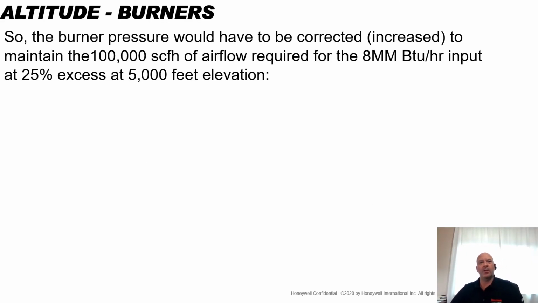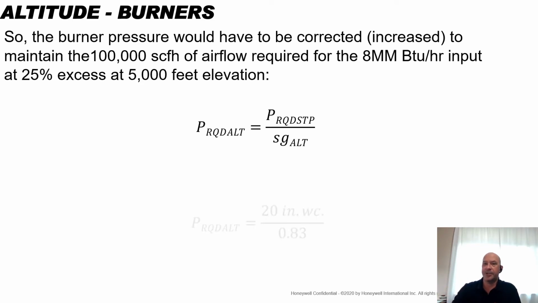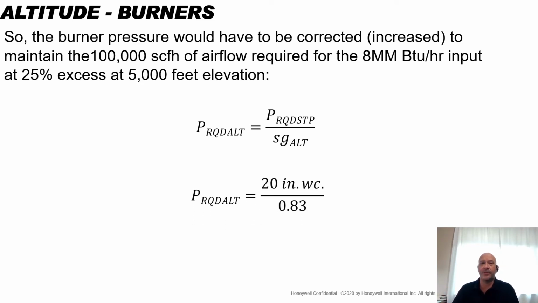So when we look at the burner pressure, it's going to need to be corrected or increased to maintain that 100,000 SCFH of airflow required for our 8 million BTUs an hour at 25% excess air and 5,000 foot elevation. In this case, our pressure required at altitude is our pressure required at sea level, STP, which was our 20 inches, divided by the specific gravity at altitude, which at 5,000 feet is 0.83.